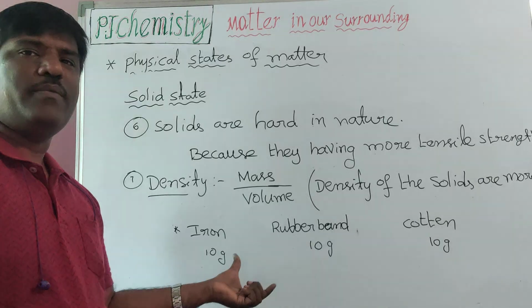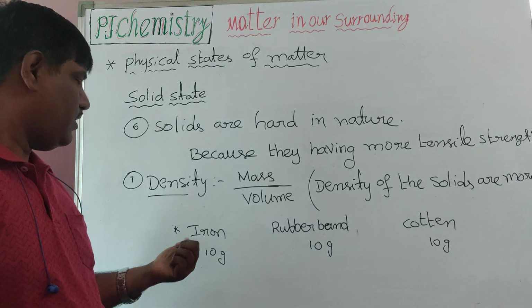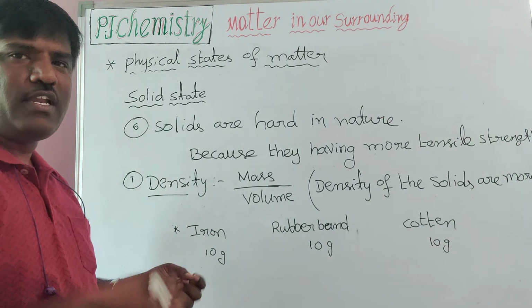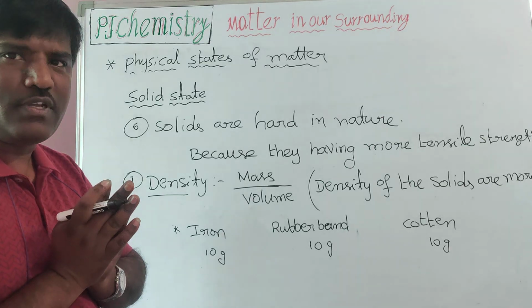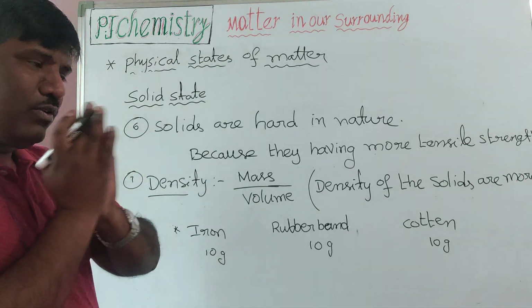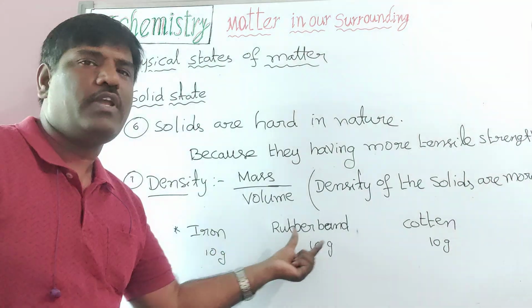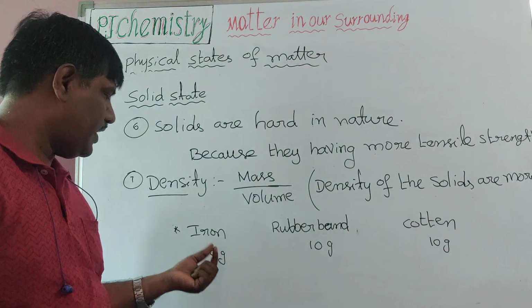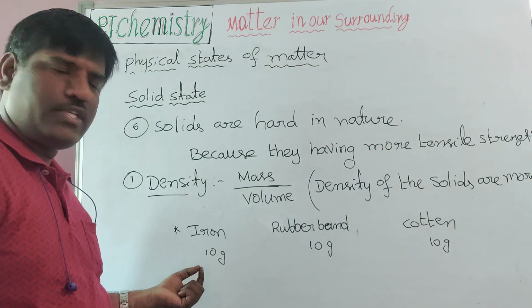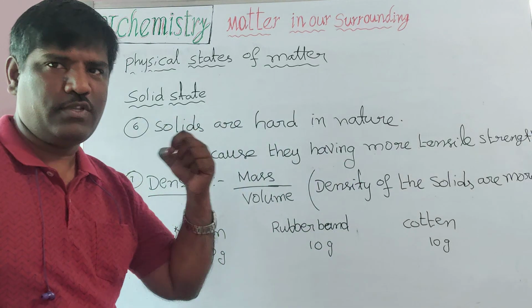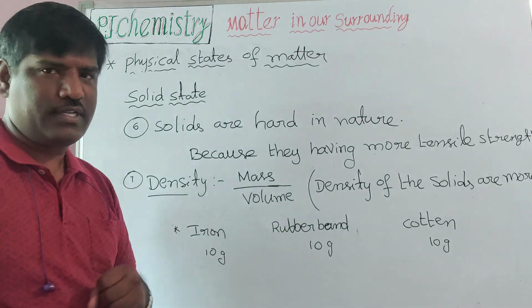Then after rubber band, then iron, which they will say is the lesser amount. It will appear like that, but all have equal weight.